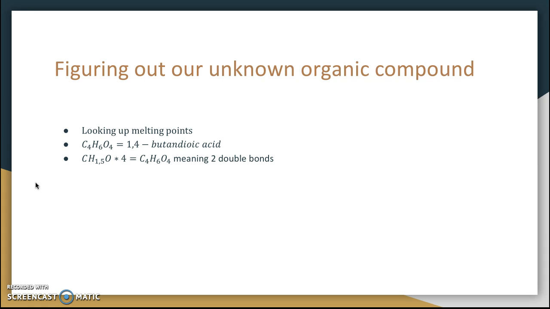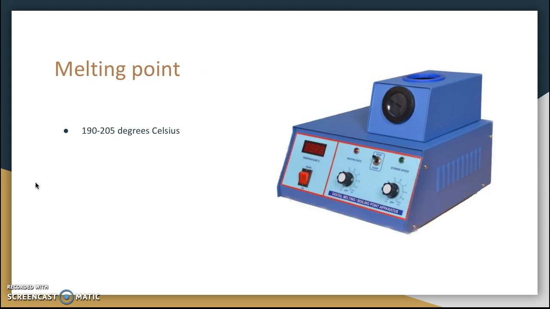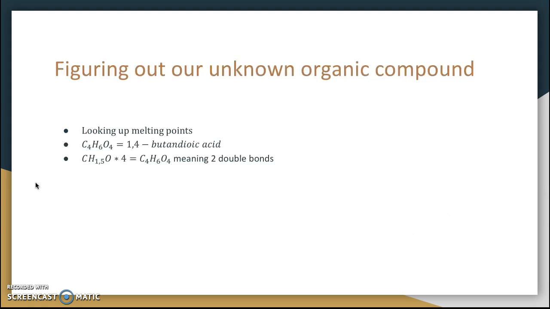So we looked up melting points and compared them to each other, and since we knew that our compound had the melting point of 190 to 205 degrees, we looked up C4H6O4 because we had to times the CH 1.50 by as many as it takes to get around the same melting point. So we ended up at the C4H6O4, which is also called 1.4 butanedioic acid.